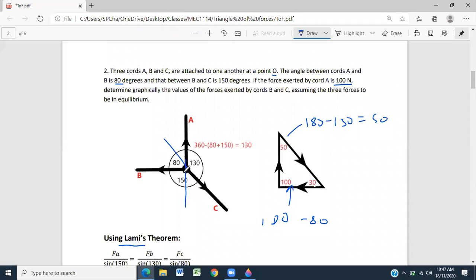Wait, 150 minus 90? Yes, sir. That's what I was wondering. Here, like this line here. So 150 minus 90 is 60. You would get 60 from this side and the other side you get 50.